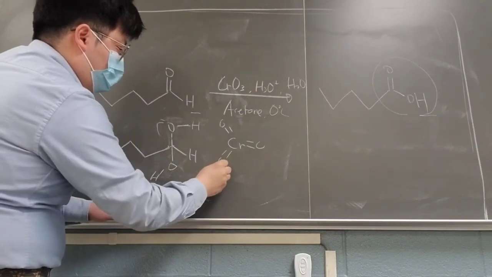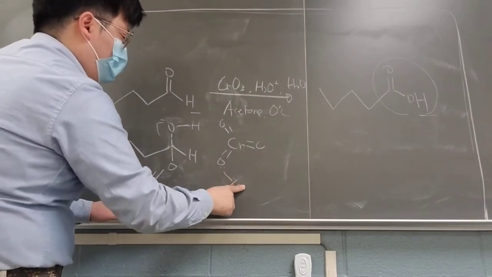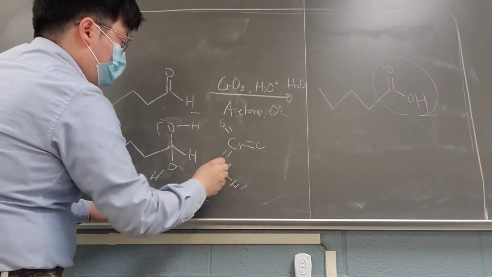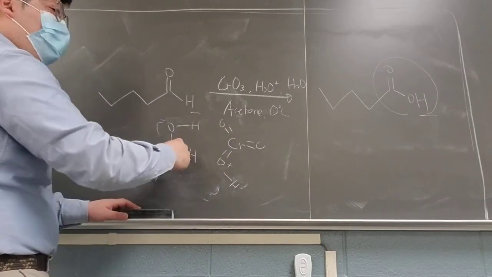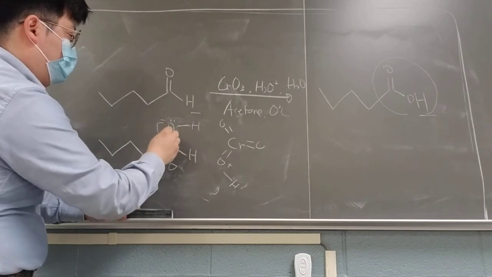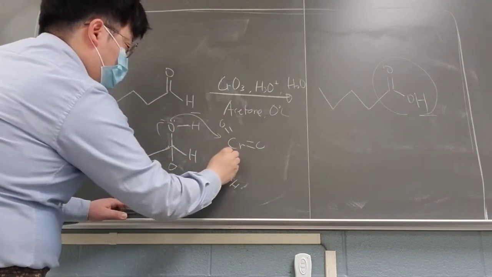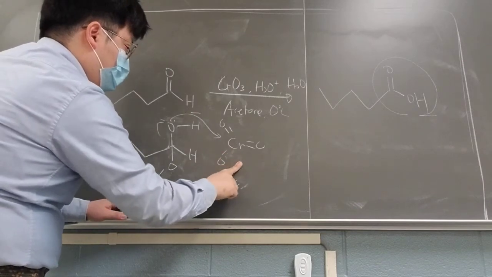So this one will actually grab one of the hydrogens, because it's actually a proton, sorry. And this will be gone, and this will be a positive charge, and they're coming into this position. And then this will also grab this one over here. Okay? And so this goes to there, so this will be neutral.